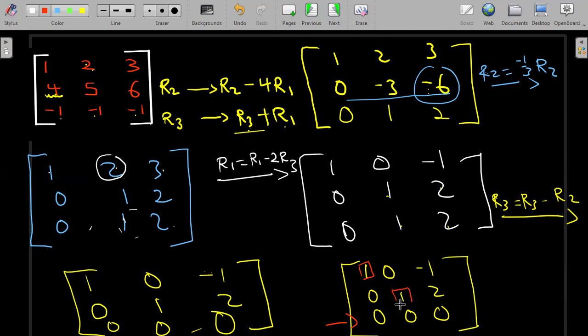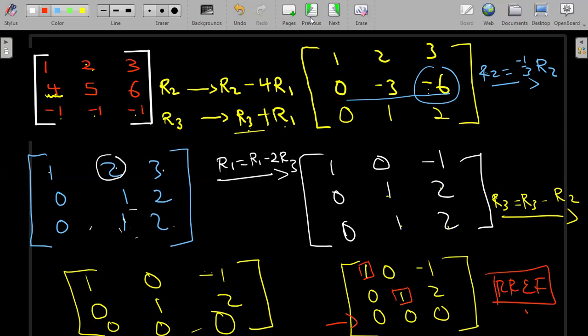Even this one here has a leading pivot, and all the others are 0. At the bottom we have the 0 row, so it doesn't matter what you have there. So we're going to say this matrix here is in reduced row echelon form.